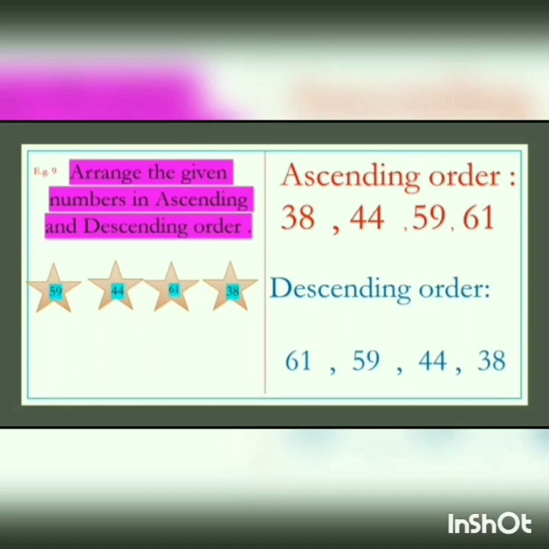That means 38, 44, 59, 61. Just opposite of that, we arrange in descending order from the biggest number to the smallest number. It means 61, 59, 44, 38.